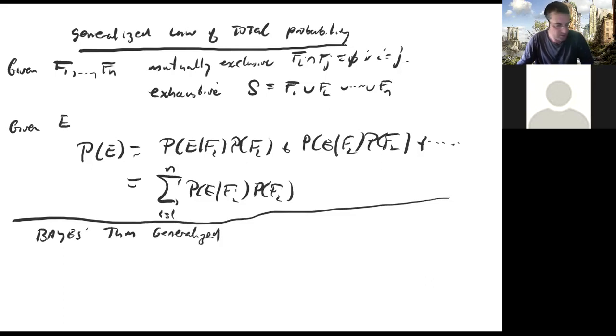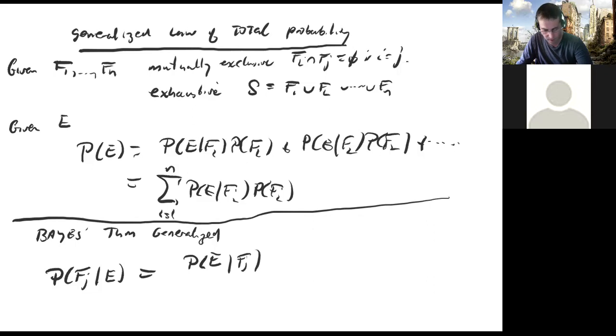If we're in the same situation, the statement is, if you want to compute the probability of Fj given E, where j is one of the indices, you can compute it by taking the probability of E given Fj times the probability of Fj, divided by, and it looks just like the usual Bayes' theorem, except there are more terms, the sum that appears in the generalized law of total probability.